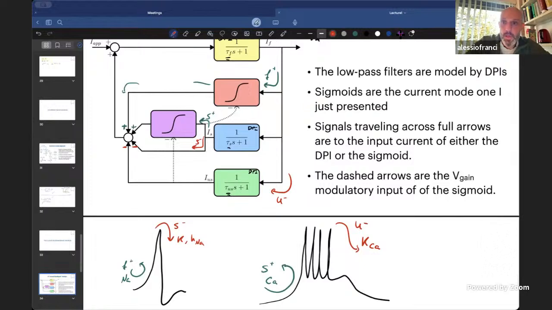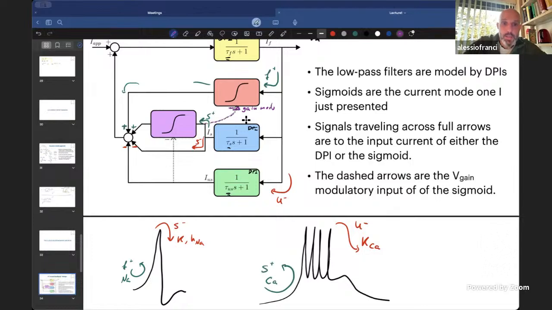On top of this, what Loris did was to take the output of the slow DPI and also use it to change the gain. So it's not an additive input, it's a gain modulation input with a minus.